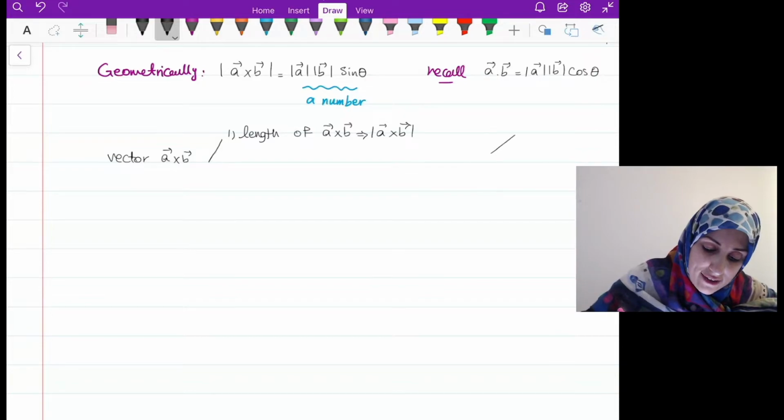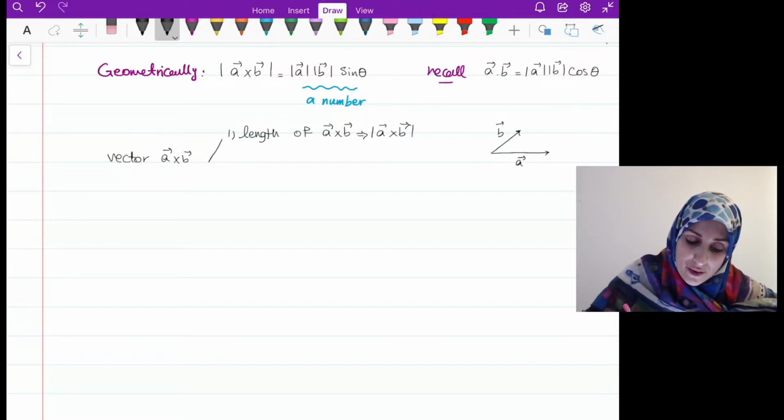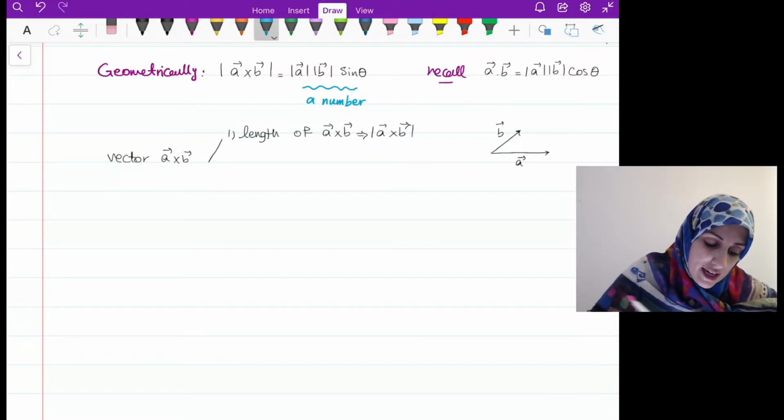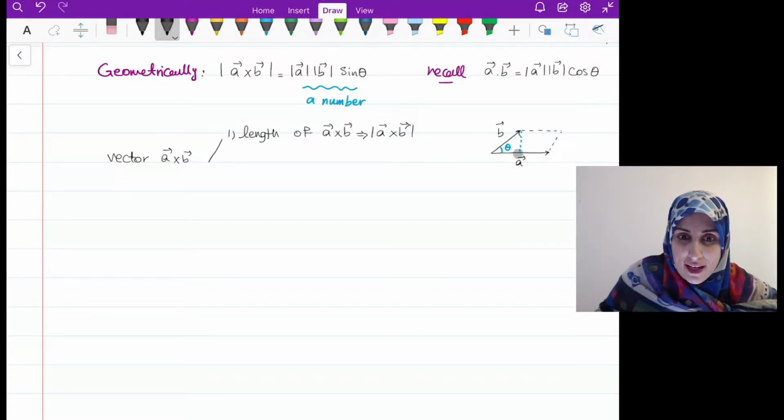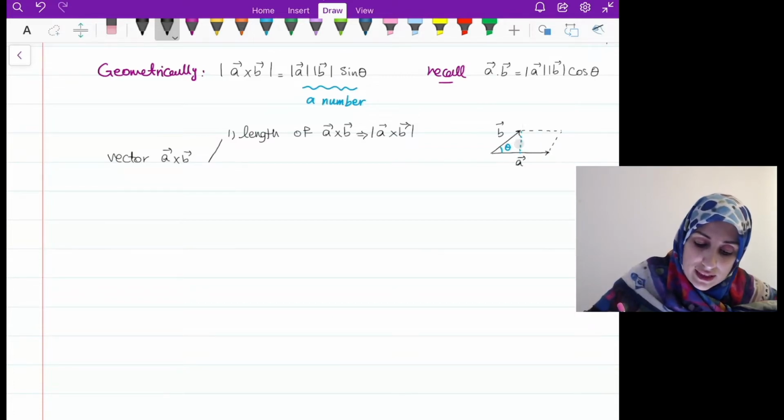If I have a vector b in here, and a vector a in here, then this theta is the angle between these two. Notice that this is a parallelogram. This is the copy of b, this is the copy of a.